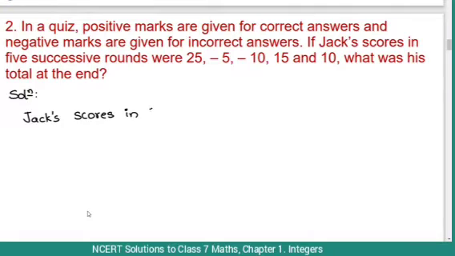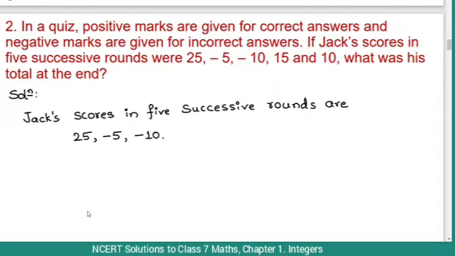Solution: Jack's scores in 5 successive rounds are 25, minus 5, minus 10, 15 and 10.